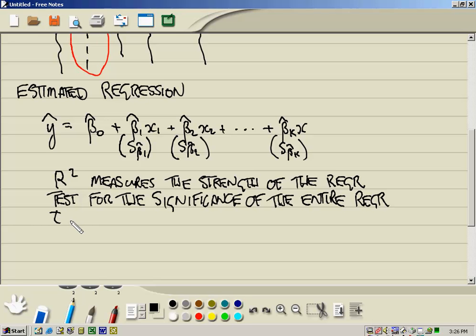And when we're done with those, we'll then do the t-tests, plural, for the significance of each x individually.